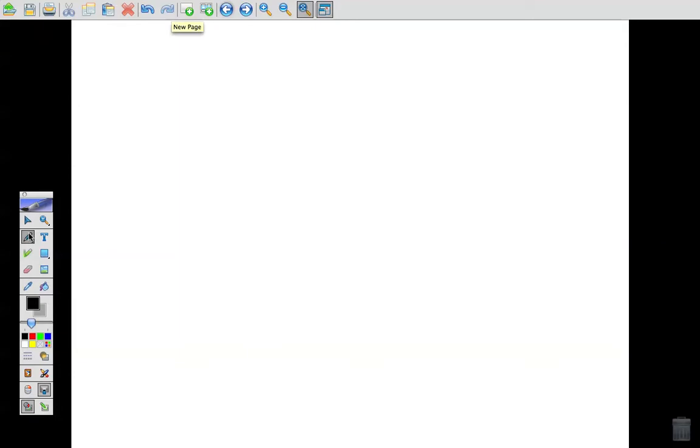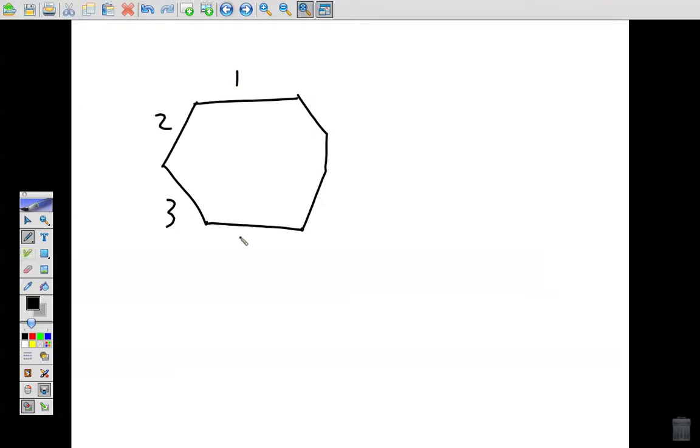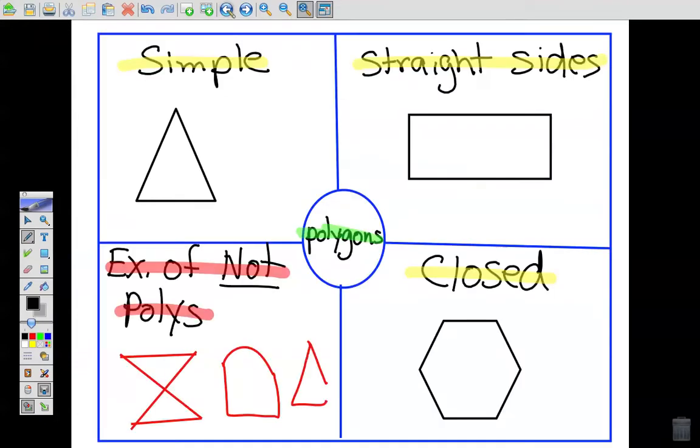I could have something maybe that looks like this, just throw some sides in, something like that, maybe go up. Okay, so I have 1, 2, 3, 4, 5, 6, 7. I have a 7-sided figure. In a little bit here, we'll talk about what we specifically call a 7-sided figure. But you know what? This thing right here I created is a polygon.